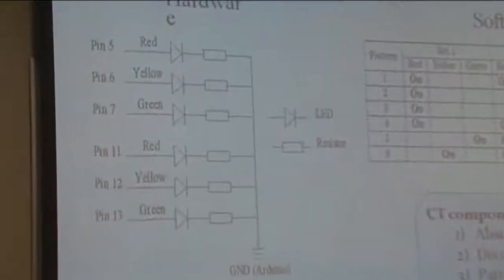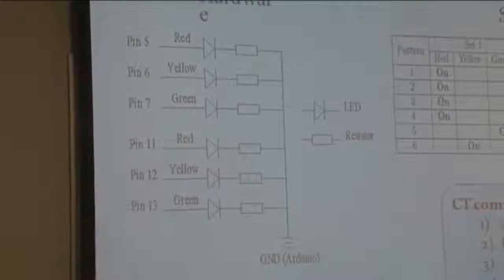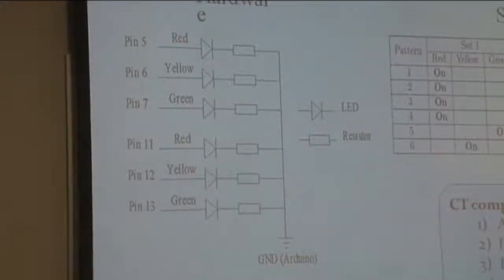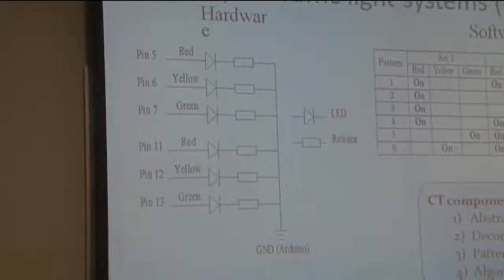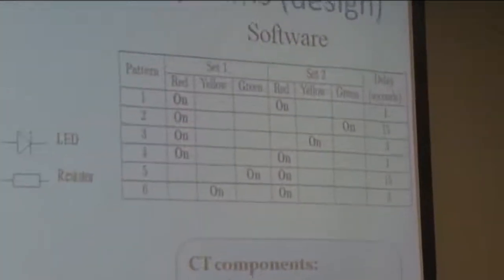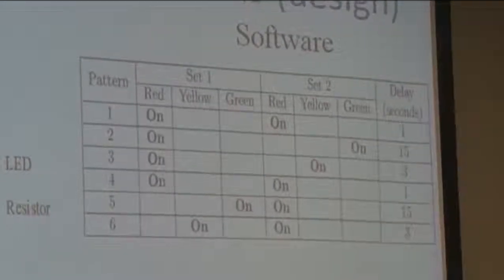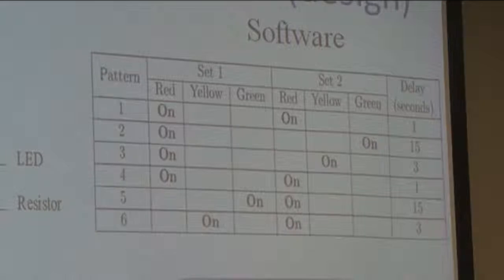Again, only for this one, I'm showing the hardware components and software components. To build this big system, they needed to break it down into the hardware part and the software part. For the hardware part, this is the abstraction, this is how they need to build this thing. And then for the software part, they also need to do the abstraction. They also need to do the pattern recognition. So what happens in a traffic light system?